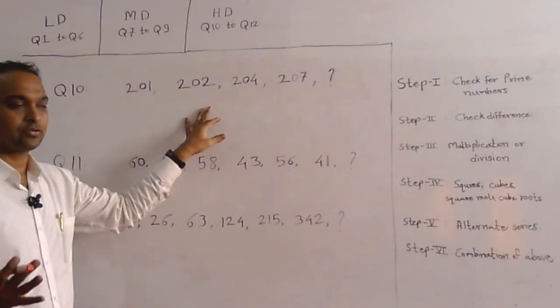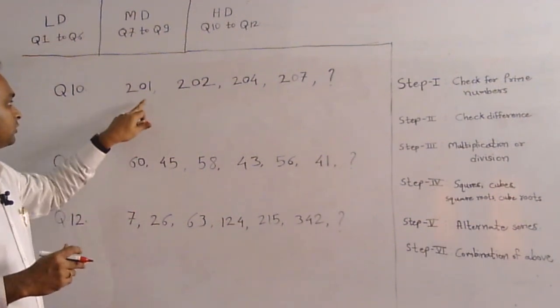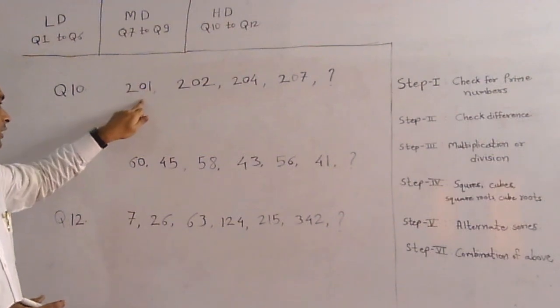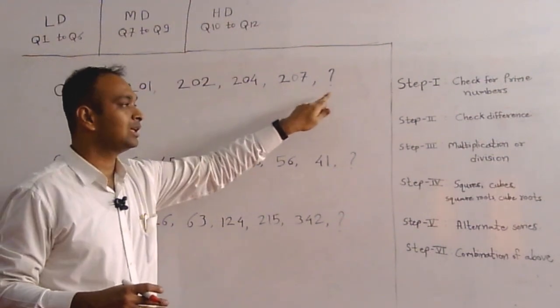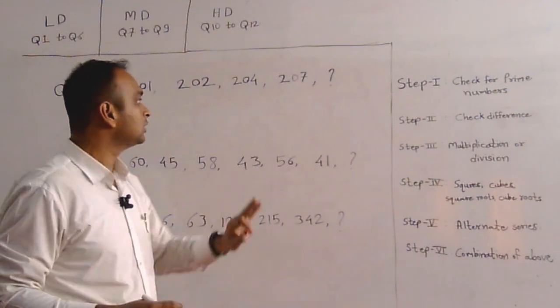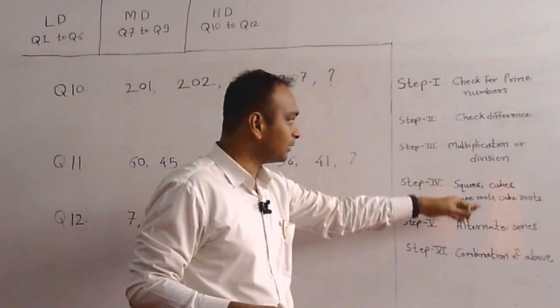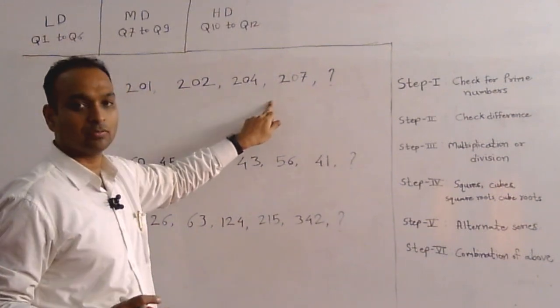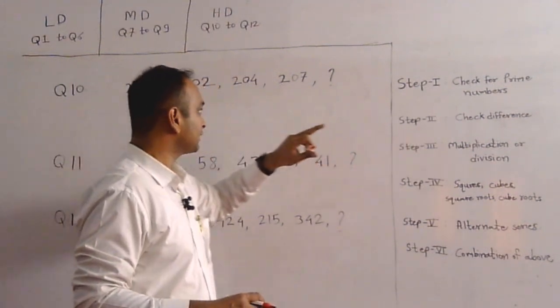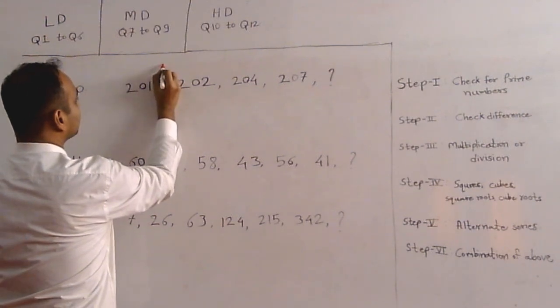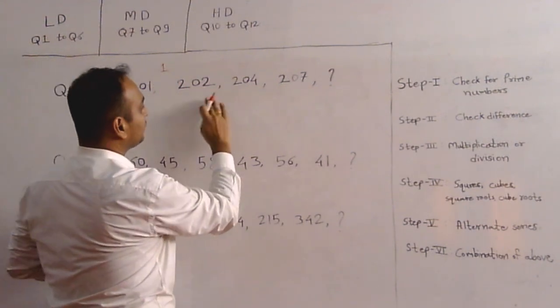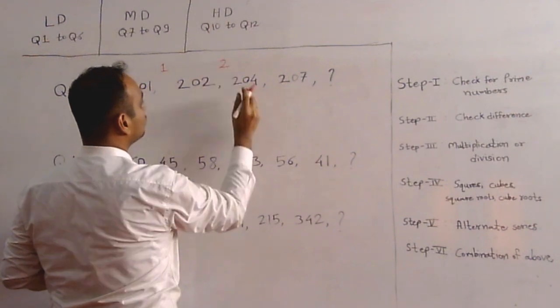Okay, I hope you might have tried this. Now let's try to solve this together. The number series is 201, 202, 204, 207 and then question mark, right? As per our strategy, check for prime numbers. These are not the prime numbers. Check for differences. So here in case of difference 201, 202, difference is of 1. 202 and 204, difference is of 2.